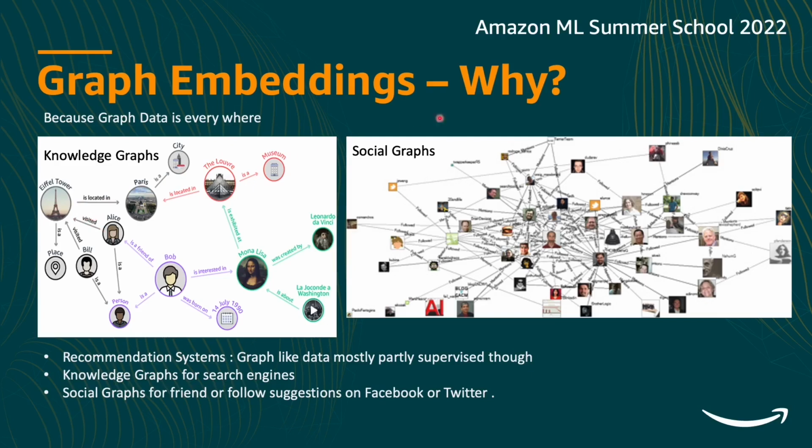And then we also have social graphs, which depict whether two persons are connected or friends with each other, like in Facebook or LinkedIn. And then we have product graphs, which capture different attribute properties of the products, like in the Amazon catalog.